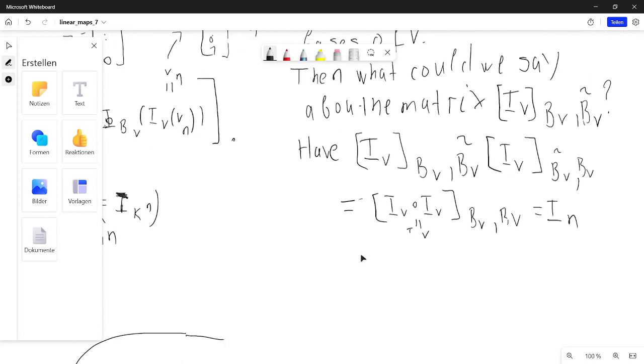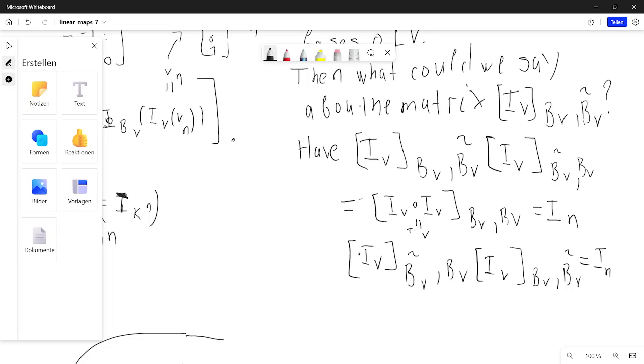All right, and in the same way we have the matrix of I_V from B_V tilde to B_V tilde times the matrix from B_V to B_V tilde equal to I. That means this is a basis switching matrix.